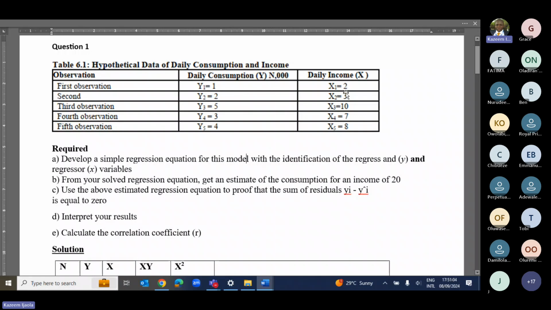So your consumption is your Y, which is dependent, and your income is the one that you'll be changing, the independent. So if your income changes, your consumption changes, right? If your income is static, your consumption will remain static.